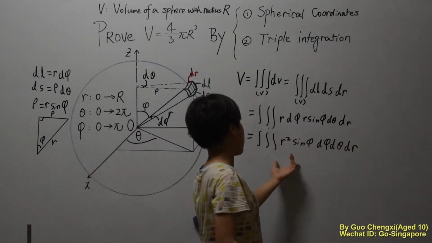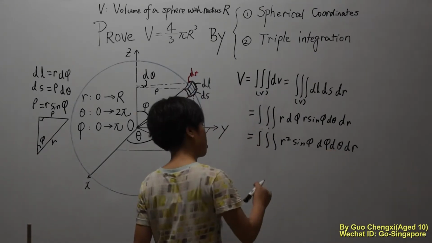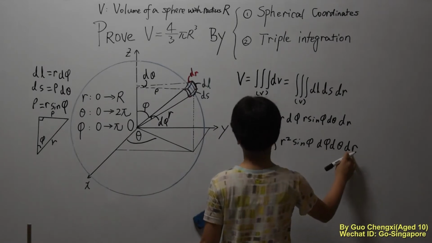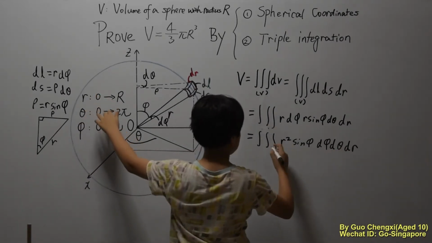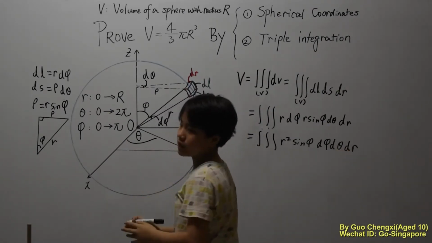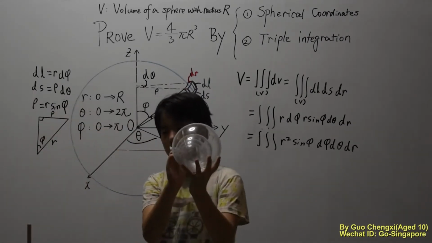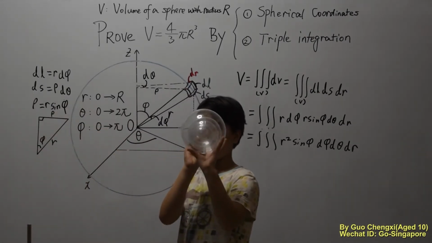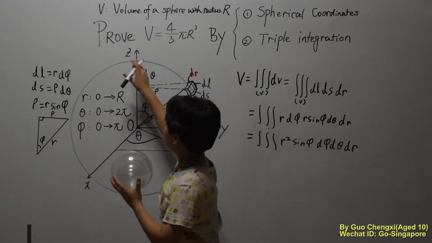So which one do you want to do first? Let's go for this one first. For the r range, it is 0 to R, because I have told you already that for this shell by shell, it starts from 0, basically the middle part, to this bigger sphere.